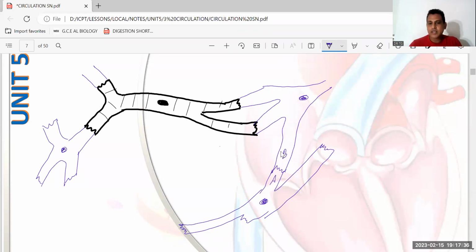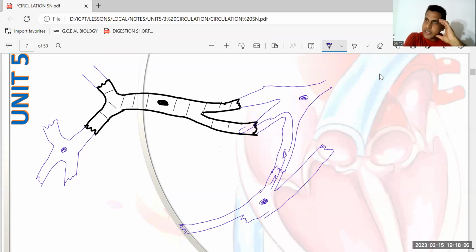By doing that, B and C are also connected. B and C connected. That means A and C are also connected. So if I draw a line, A and B connected and B and C connected. That means A can connect with B, B can connect with C. So what we're trying to understand, it makes a huge network with all the muscles connected with each other.